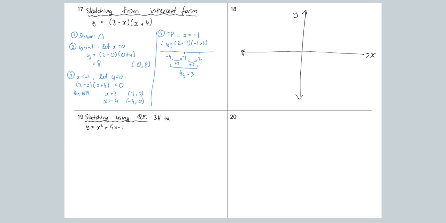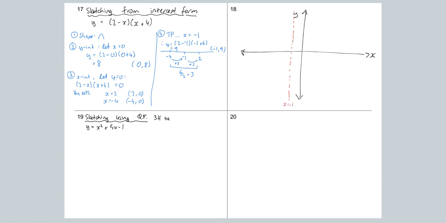And so the y value is 9. So we've got -1, 9 as our turning point. Oopsies. So at x equals -1, we've got our axis of symmetry. Okay, so I'll label that x equals -1.